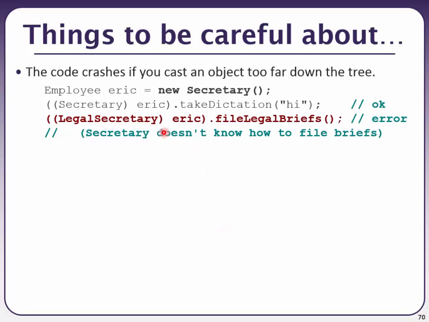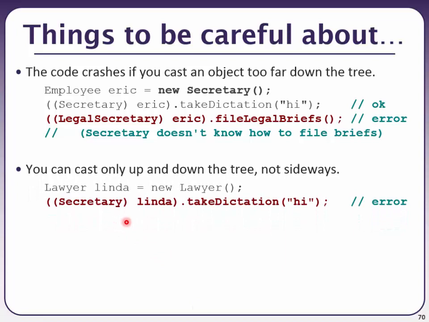Okay, that's where I told you you cannot use casting like that, typecasting, to transform an object. The only reason it works here is because Eric is indeed a reference to a secretary object, but it's not a reference to a legal secretary. So even if I apply this cast to the reference, when I finally follow the reference and try to find this method, I'm not going to find this method in the object that is being referred to. Okay, that's what's going to cause the problem.